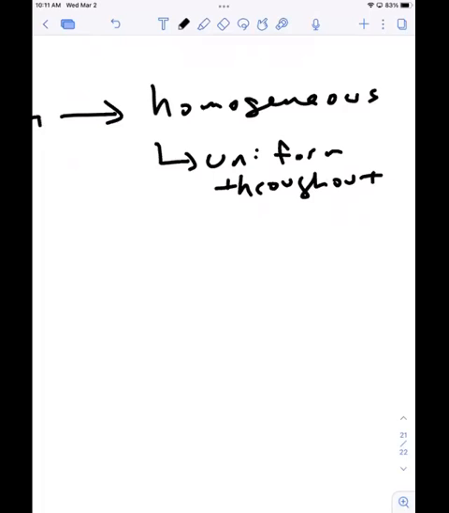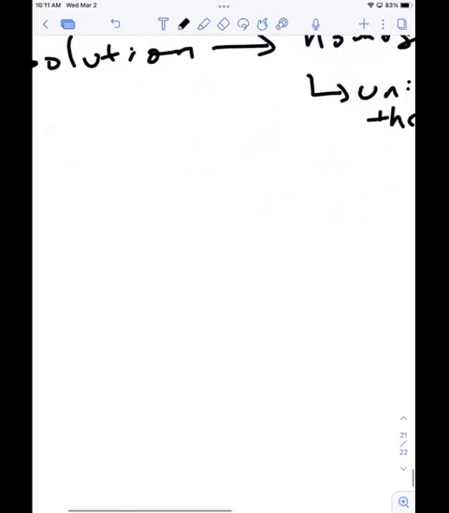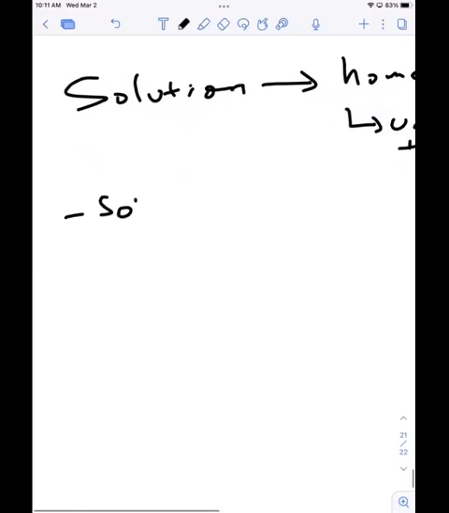If you dissolve, let's say, 10 grams of sugar in water and you get it to dissolve completely into solution, every spoonful of water that you take out of that solution is going to have the same number of sugar molecules, the same amount of sugar, because in a solution it is uniform, right? So that component of what's dissolved is going to be the same for every aliquot that you remove from that solution, right? So every solution has a concentration.